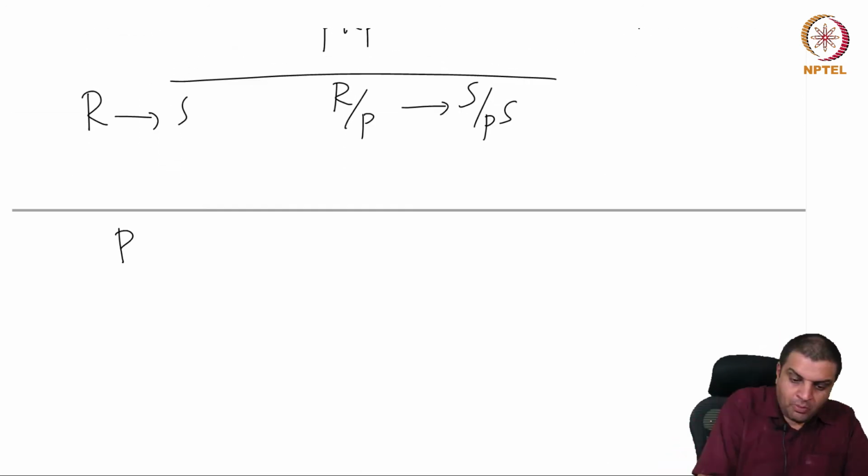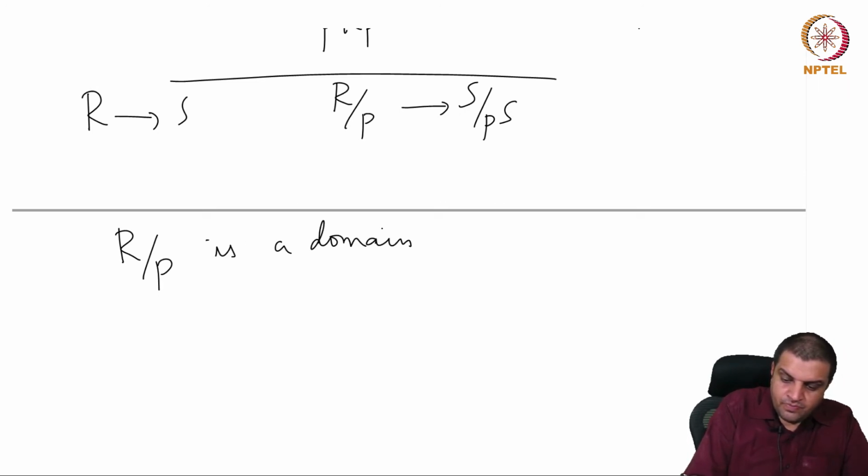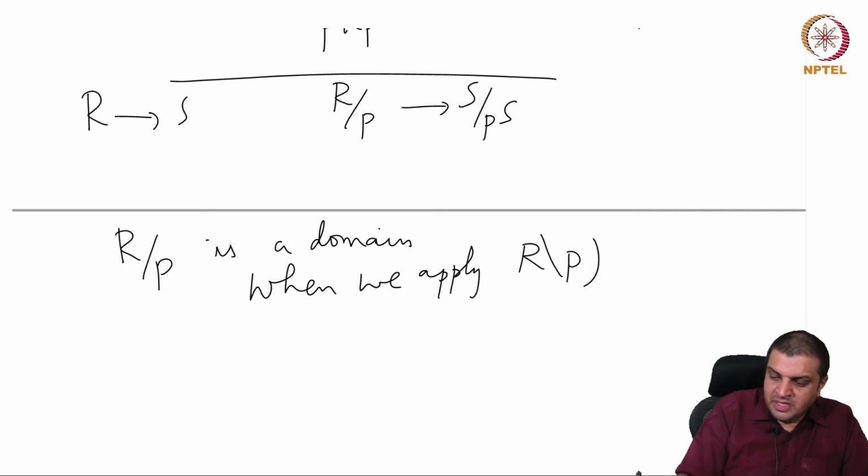R mod P is a domain. So when we apply the inverse of R minus P to this, let's call this map phi bar.